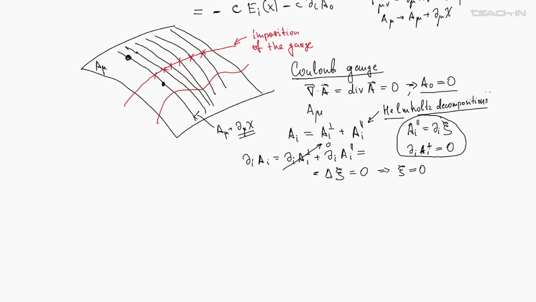Okay. So there are other gauges. So what happens here is that imposition of the Coulomb gauge breaks Lorentz invariance. It is clear because the condition which you write in here, ∂i Ai, is not symmetric with respect to space and time, because time does not appear here.